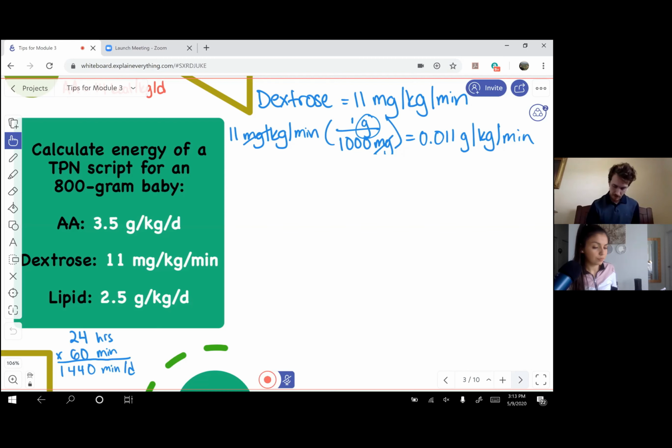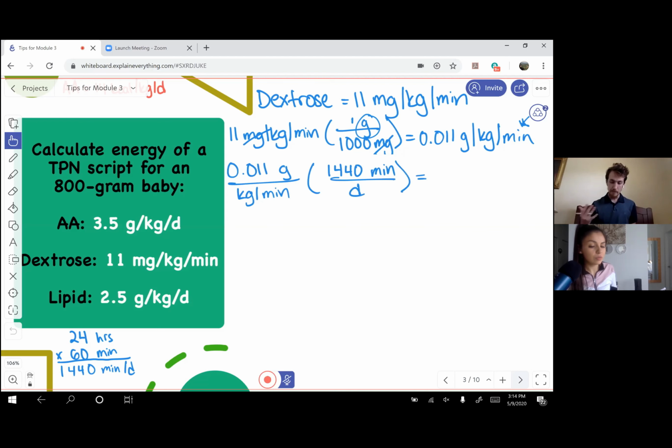Okay, so let's go back up here and rewrite what we have, in this format. This is the same as above, nothing is different. We're going to multiply the 0.011 grams per kilogram per minute times 1440 minutes per day.